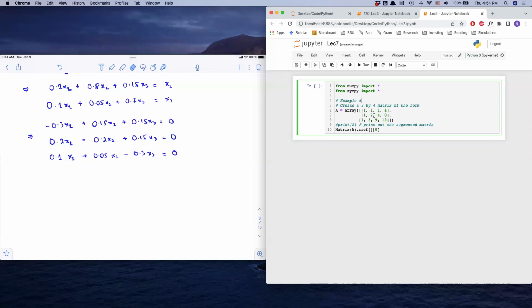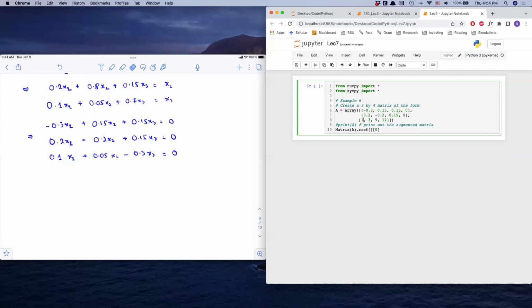What I'm going to do is create the augmented matrix of the system, and I just modify the following code. So minus 0.3, this is 0.15, this is 0.15, and this is 0. That's the first row. The second row is 0.2, negative 0.2, 0.15, and 0.